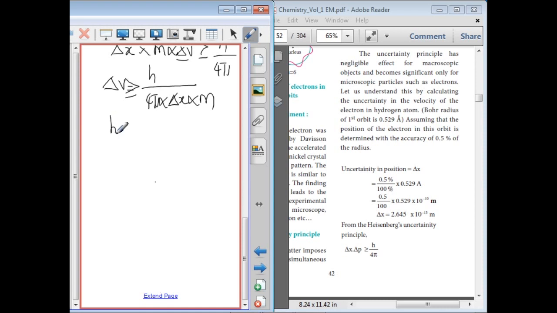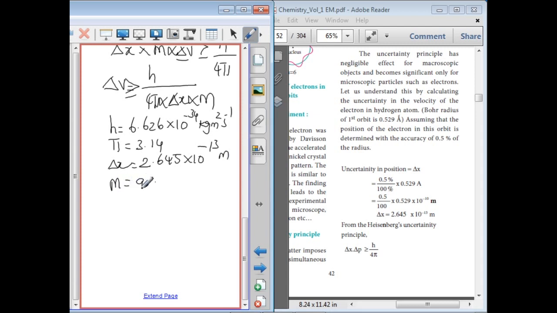What is the h value? h equals the Planck constant, 6.626 into 10 power minus 34 kilogram meter square second inverse. And what is the pi value? 3.14. What is the delta x value? Already calculated, 2.645 into 10 power minus 13 m. And what is the mass of the electron? 9.1 into 10 power minus 31 kilogram. So apply the values in the equation.